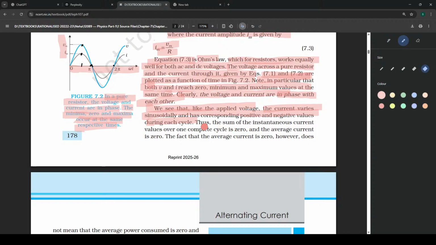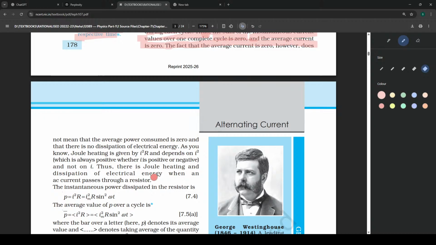Thus, the sum of instantaneous current values over one complete cycle is 0 and the average current is 0. The fact that average current is 0, however, does not mean that the average power consumed is 0 and that there is no dissipation of electrical energy.